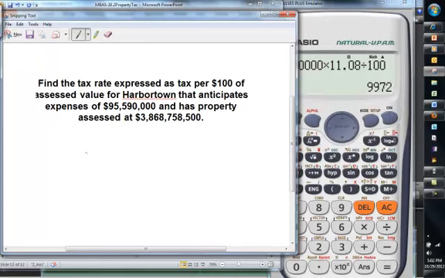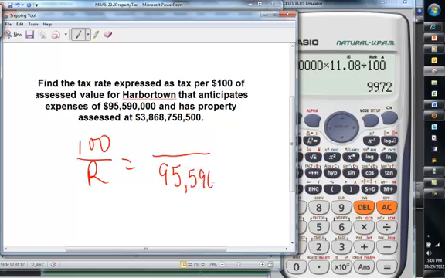So we would take $100 over the rate, and the amount of taxes we need to collect is 95,590,000, and the total assessed value is 3,868,758,500.